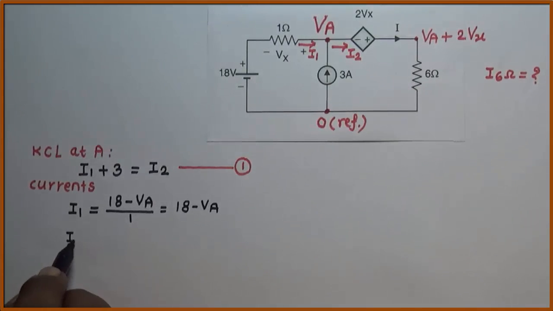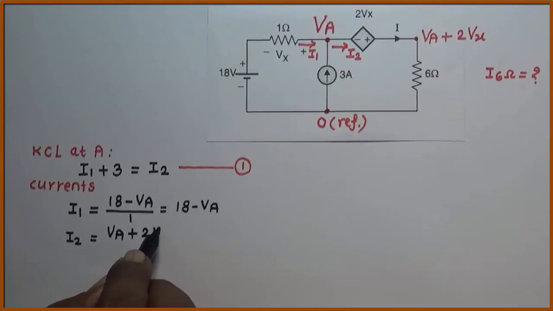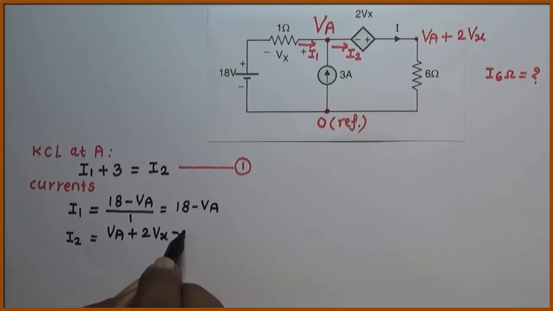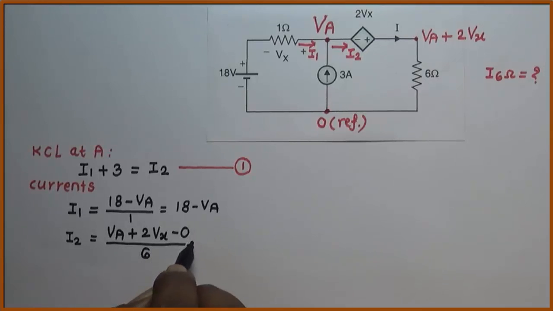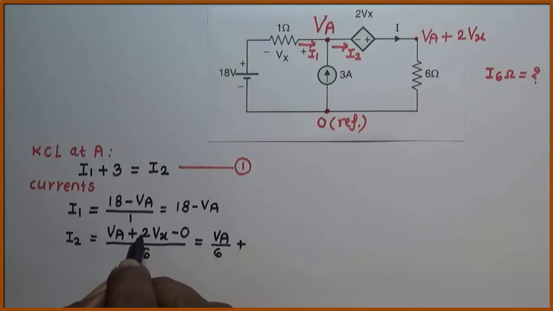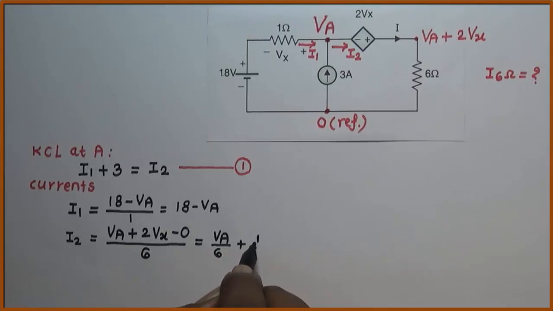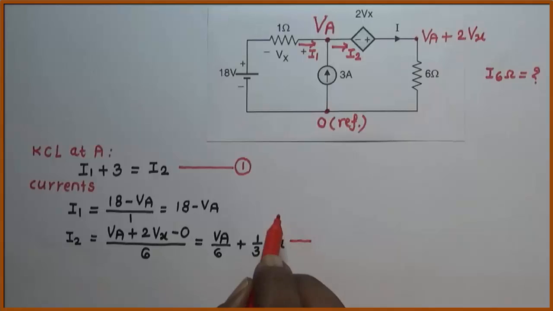So I2 is equal to VA plus 2Vx minus reference 0, divided by 6. This is equal to VA by 6 plus 2 by 6, which is 1/3 Vx. This is equation 2.